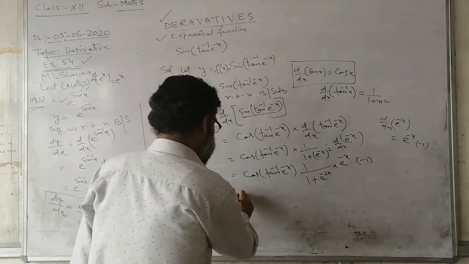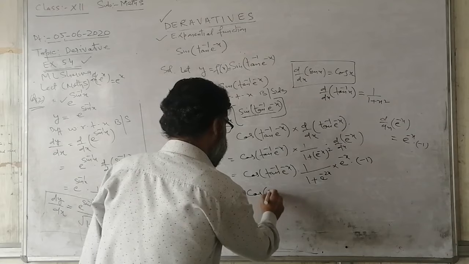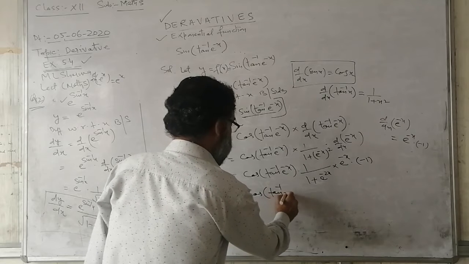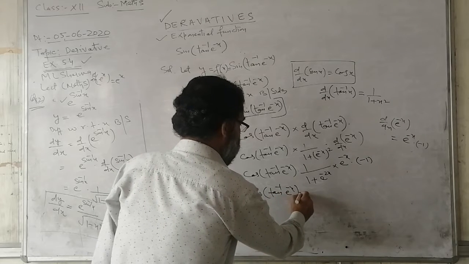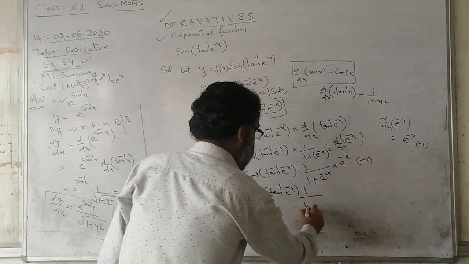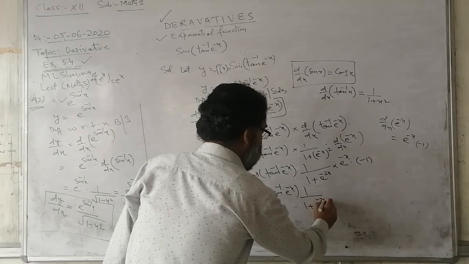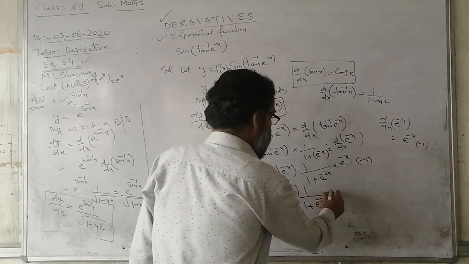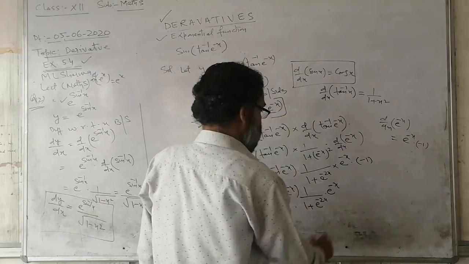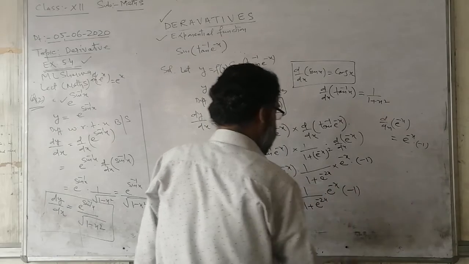So this will equal to cos of tangent inverse e raised to minus x into 1 upon 1 plus e raised to minus 2x into e raised to minus x into minus 1.